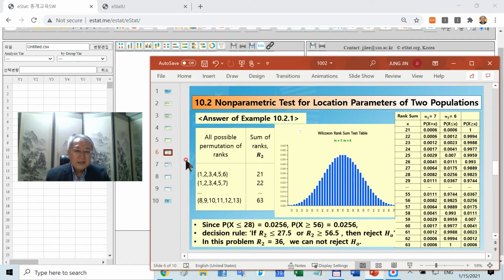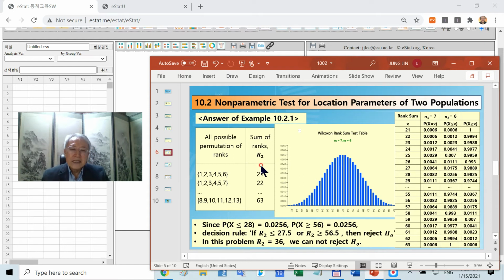Because of that, we consider all kinds of possible ranks. Some statisticians developed a module to calculate all possible permutations of ranks. And here are some of the ranks. Maybe you can select one of them. Here you select the rank sum of the second population.